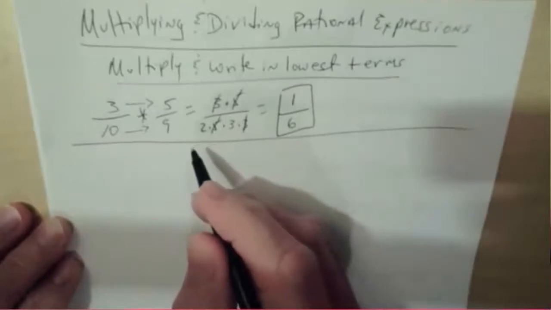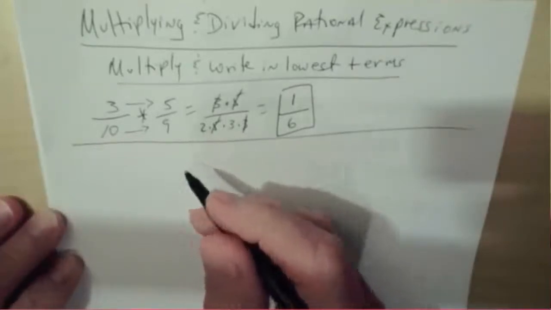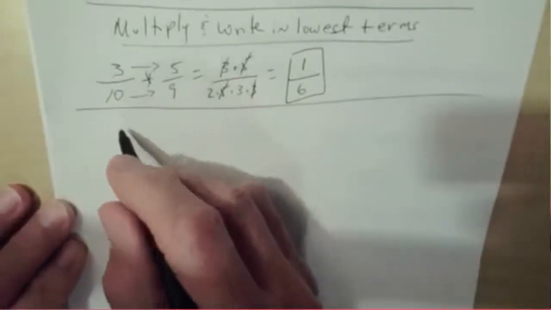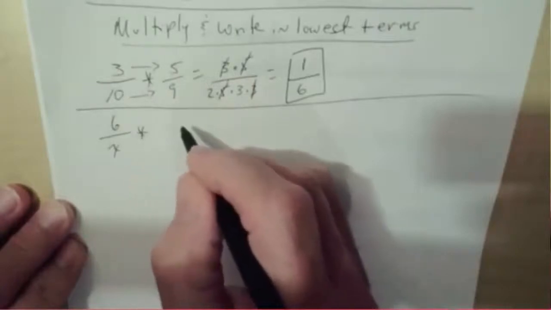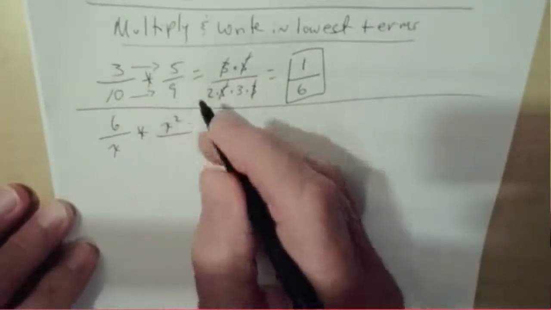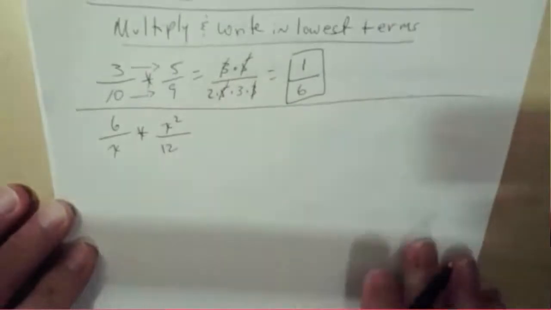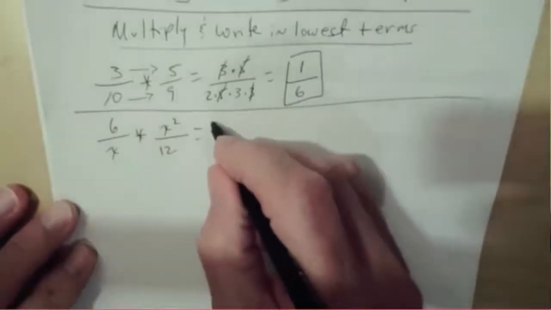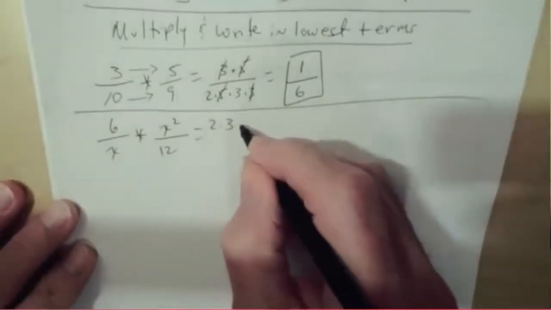So what do we get if we have 6 over x times x squared over 12? Let's factor each one of these things. 6 is 2 times 3 times x.